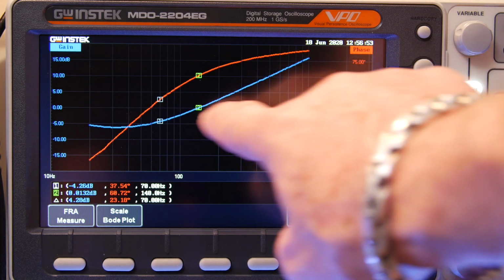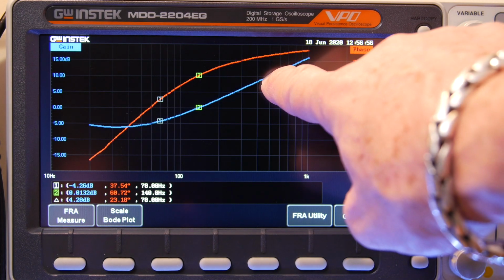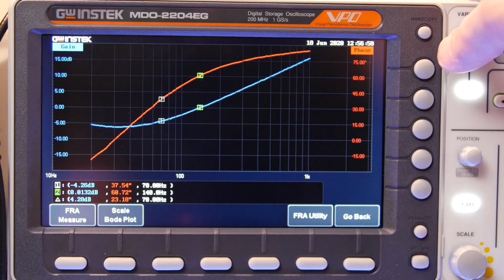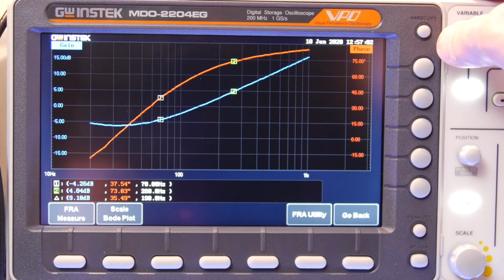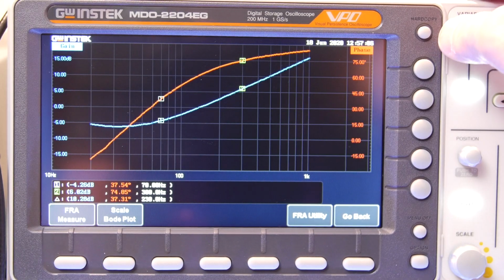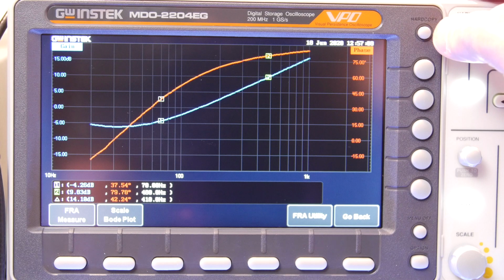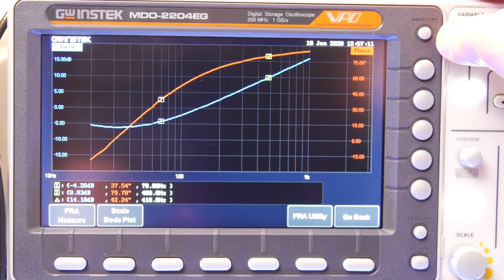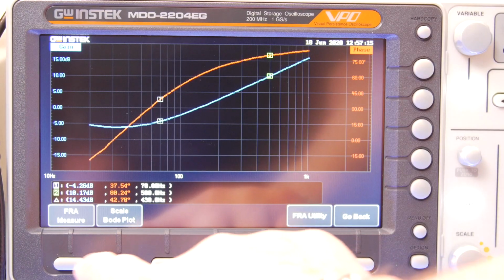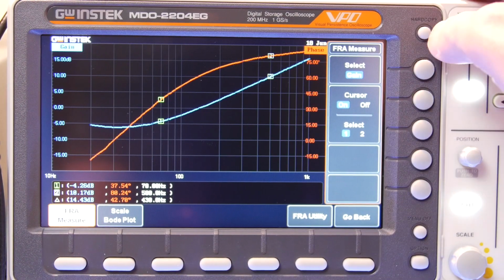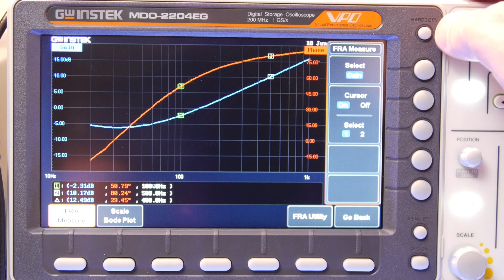And if we did it at that frequency, and then at a frequency up here, let me change these actually. Let's put this right at about 10 dB. Okay, that's about as close as I get, I think. And then let's put this one right where it crossed 0.